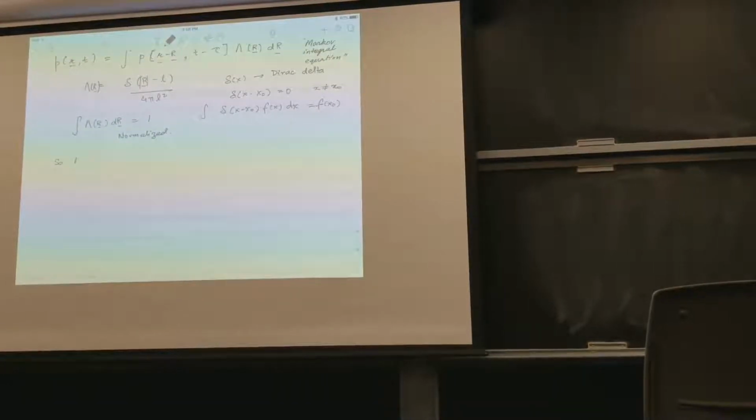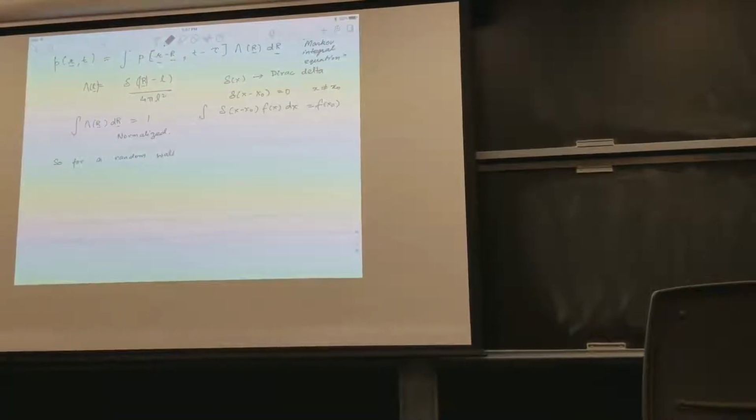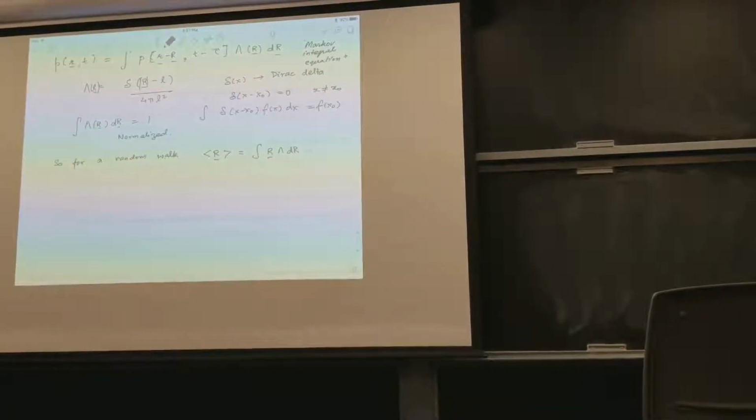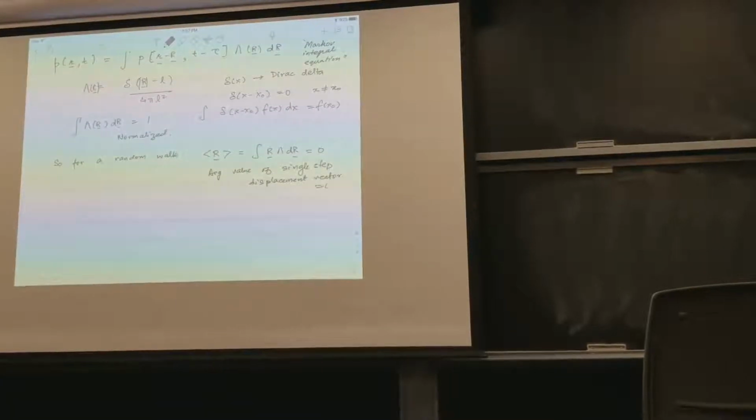So for a random walk, if I look at the average, then this average value of single step displacement vector is equal to 0.